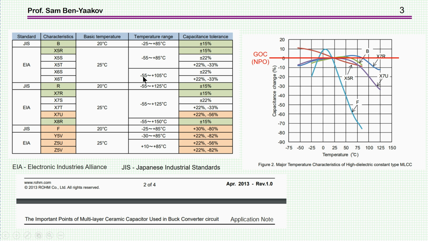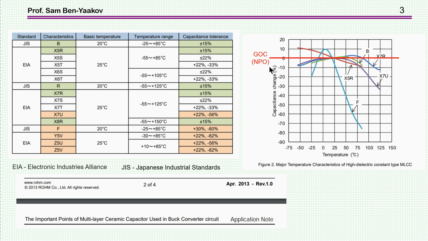But the class 2 and 3 do change quite a bit. For example, F, of course, changes a lot, down to minus 70%, up to 75 degrees. The X7R is very popular because it's sort of a compromise. It changes, but not very much.